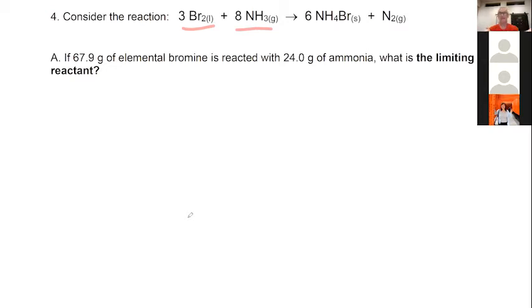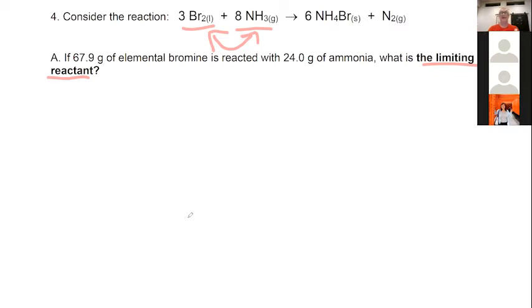The one that runs out first is the limiting reactant, meaning I don't have enough of that to consume all of the other reactant. And when one of your reactants runs out, then the reaction's over. It can't go any further.